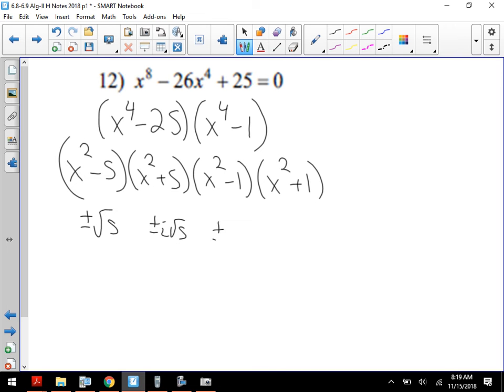The next one would be plus or minus 1. And the last ones would be plus or minus i. I can do that at this moment, since it is finding all zeros. And hopefully, if I count correctly, there are 8 of them. That's a good deal.